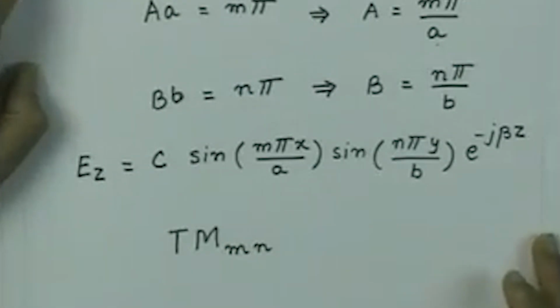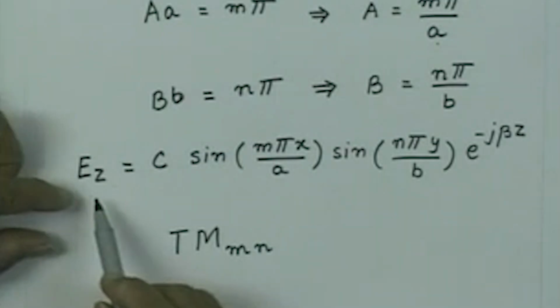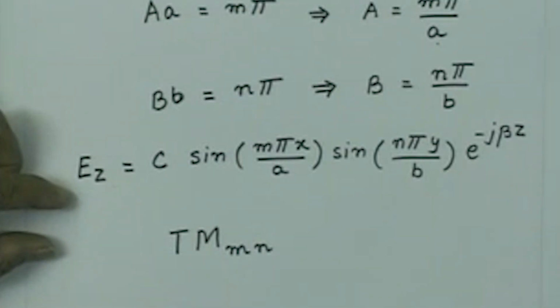We have seen for a parallel plane waveguide that the TM0 mode, which was the same as the transverse electromagnetic mode, was possible, and that was the lowest order mode. However, for this mode we note that when both the indices are 0, the field goes to 0. So, TM00 does not exist.